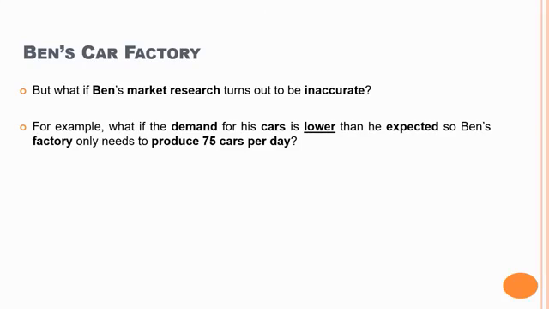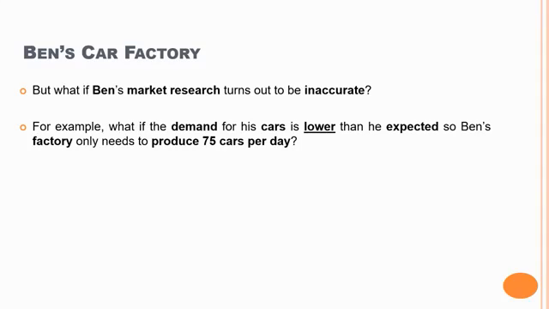And you probably start to see what problem Ben is facing now. The problem that Ben is facing is that he initially purchased 50 machines. But 50 machines is the right amount of machines when you want to produce 100 cars per day, not 75. If you only want to produce 75 cars per day, 50 machines is too much, which means that the quantity of capital that you have is underutilized.